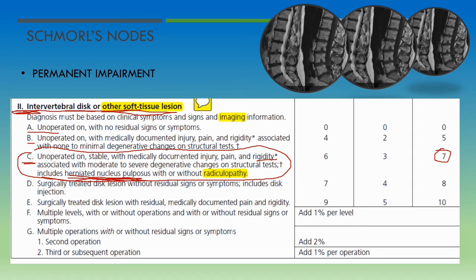And this in and of itself, the specific spine disorder, provides for 7% whole person impairment, and when added to the impairment rating due to abnormal motion or loss of range of motion, and then further when added to the impairment rating due to any neurologic deficits associated with the condition, this can ramp up to quite a high permanent impairment rating, which is appropriate because a symptomatic Schmorl's node represents a significant loss of function of the spine.